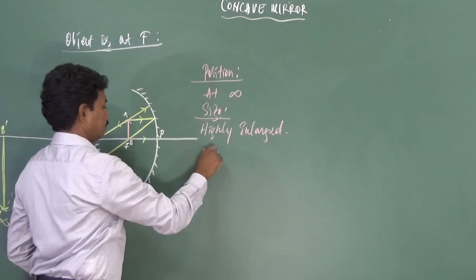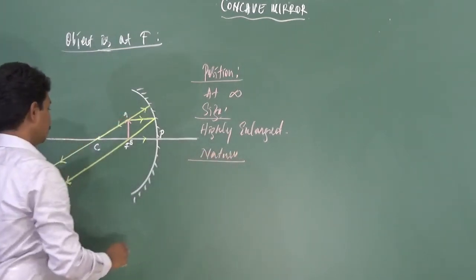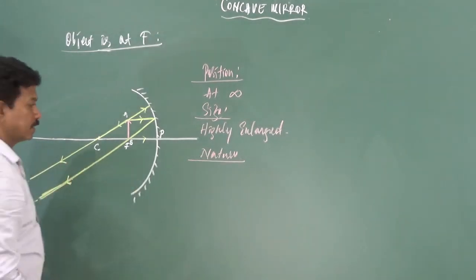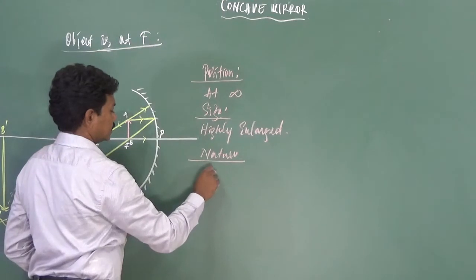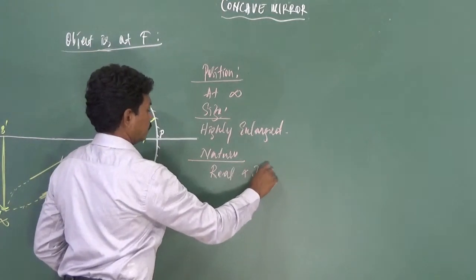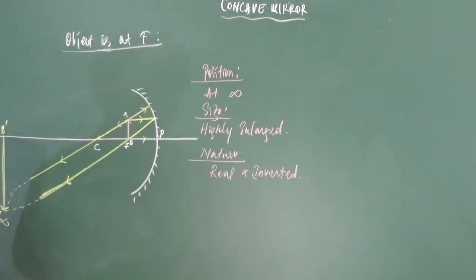And the nature of the image: as the two light rays actually meet at this point, we assume that, therefore the image is real, and a real image is always inverted. So this is regarding the image which is formed when the object is placed at F.